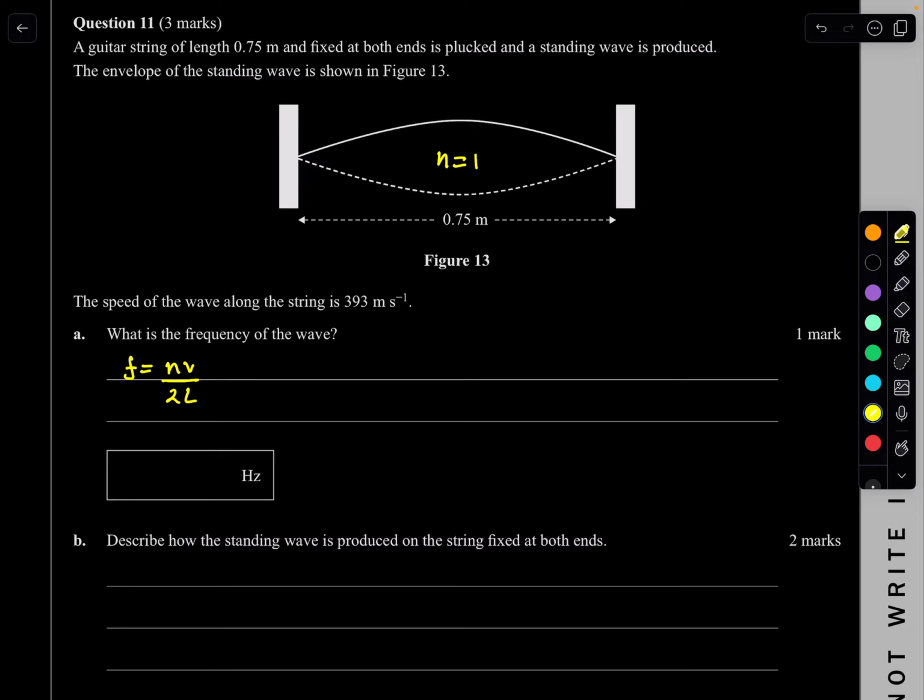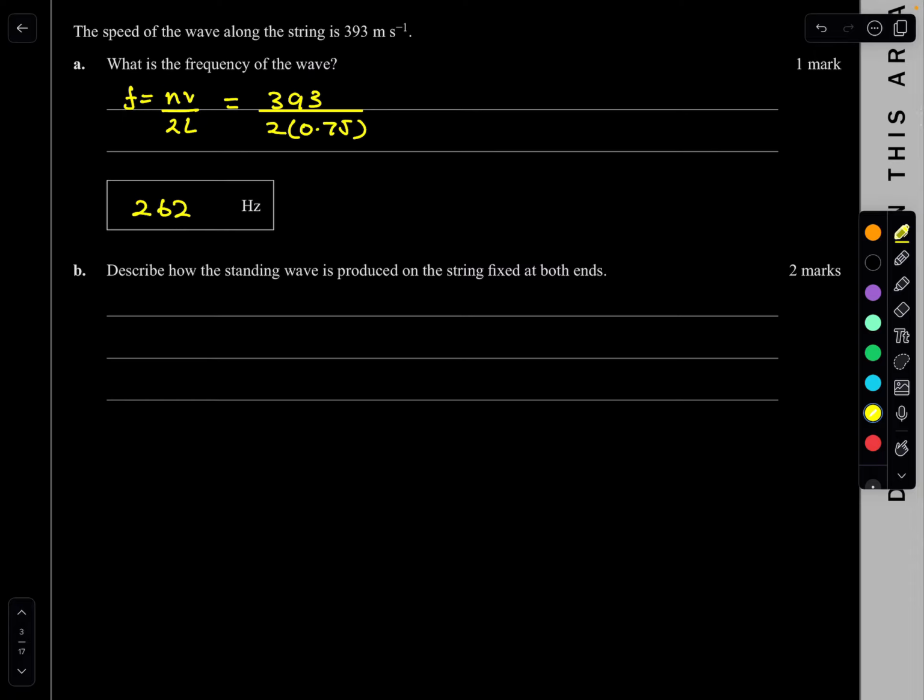So it's going to be your velocity, which is 393, divided by 2 times your length, which is 0.75. That gives me 262 hertz.